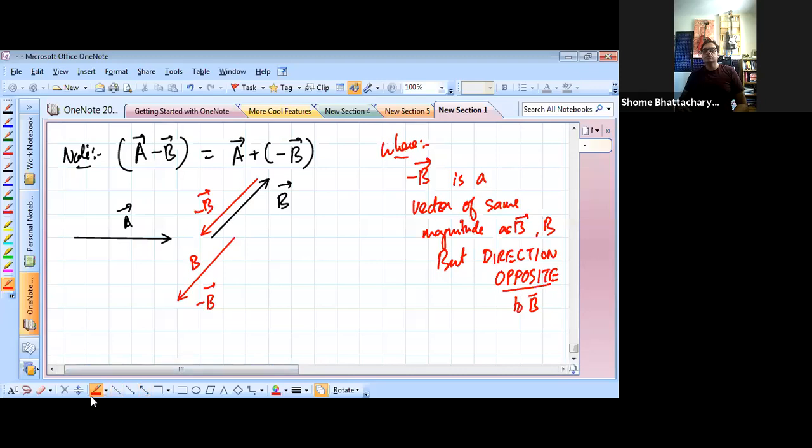And of course, remember in the original diagram, this angle here was theta. So here this angle will also be theta anyway.